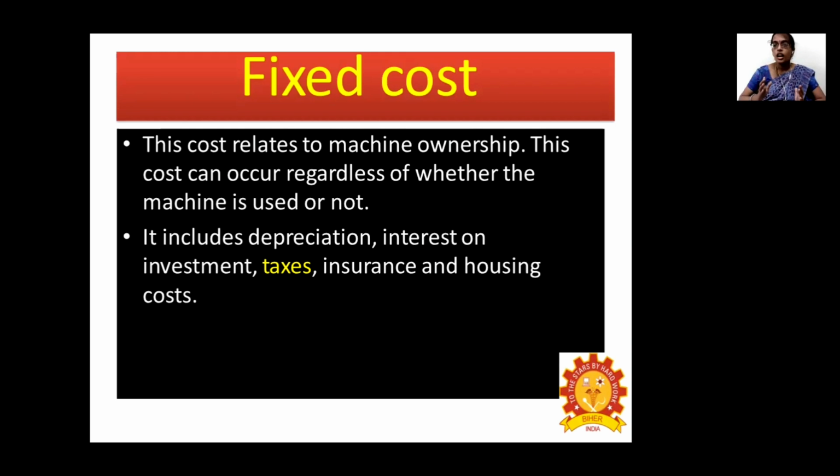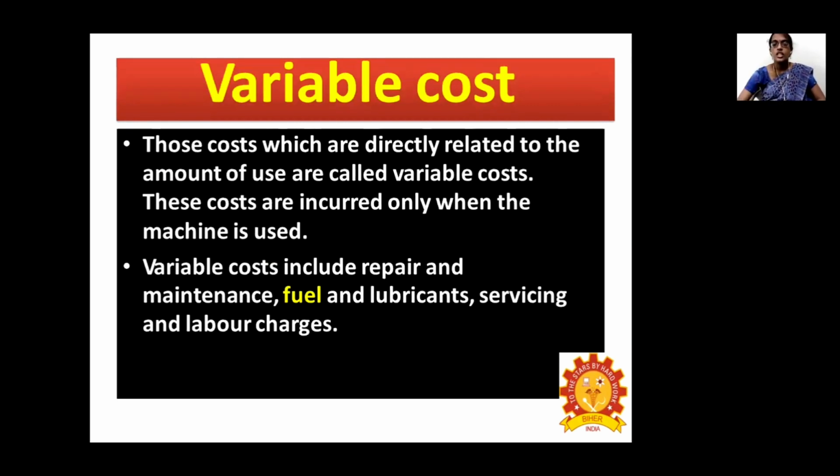So it won't vary with respect to time. The total investment that we have made for machine ownership won't vary. For example, if you purchase a scooter, to gain ownership of this machine you are investing a certain cost, which is known as the fixed cost. The next one is variable cost. This varies based on the amount or period of use.